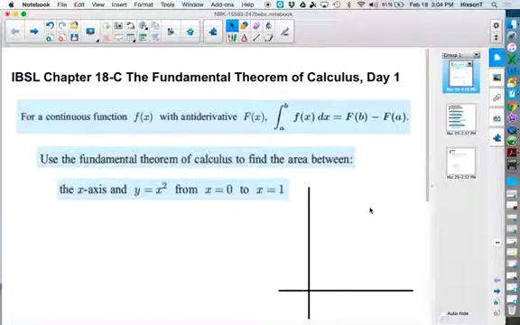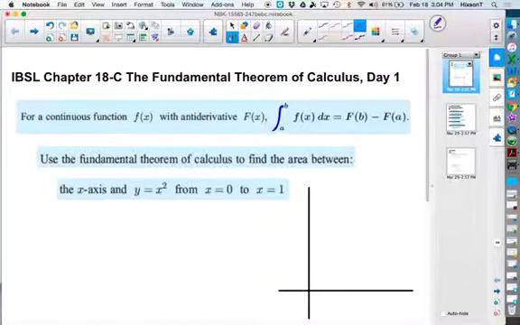But here you'll notice we have the integral from a to b. That's how you would read this. The larger number goes on the top, the smaller number on the bottom.